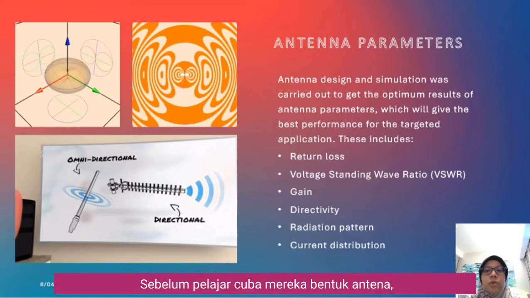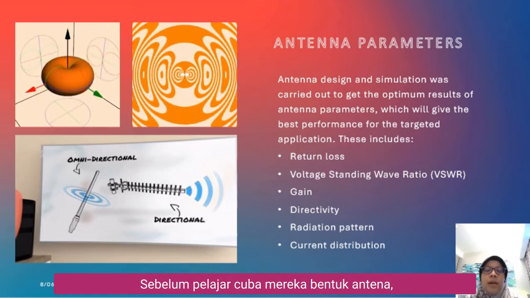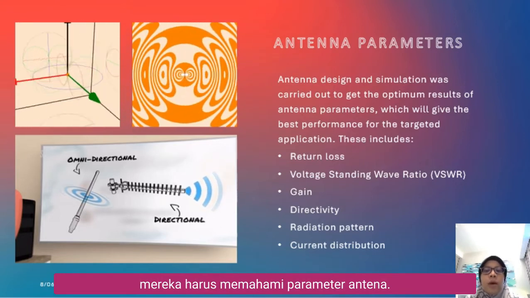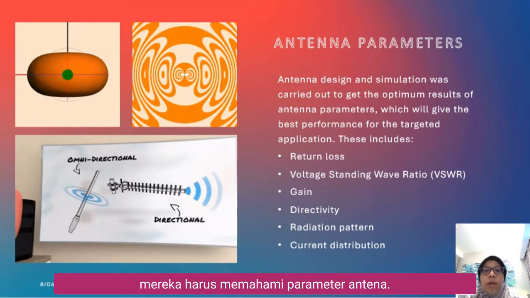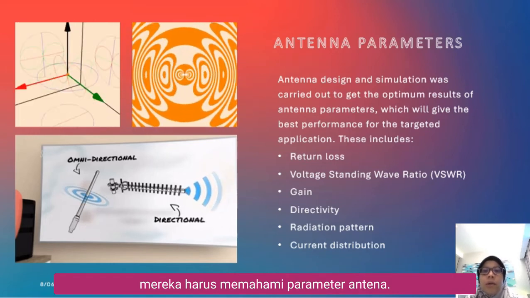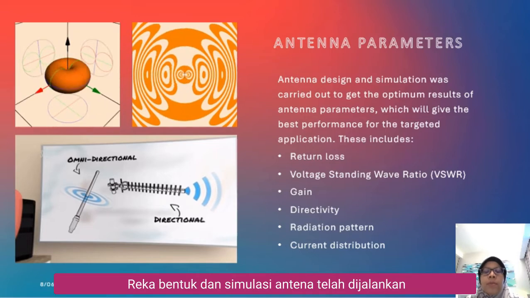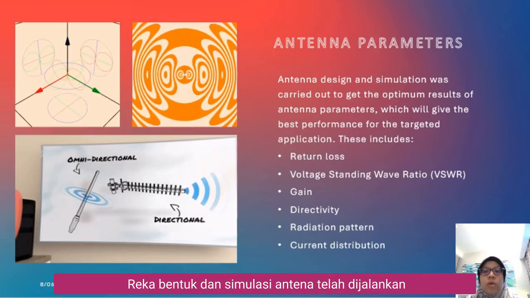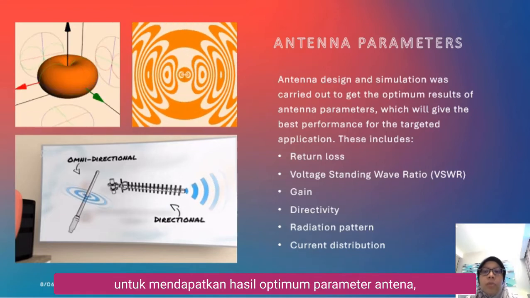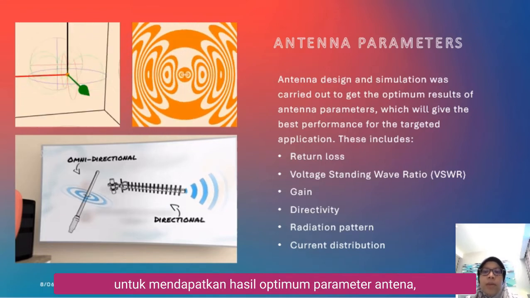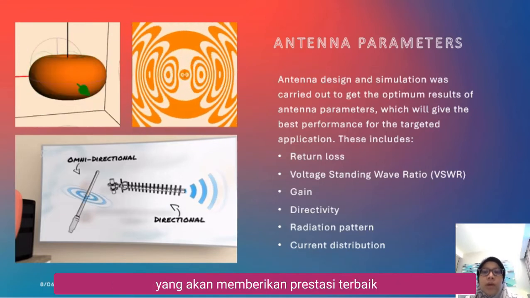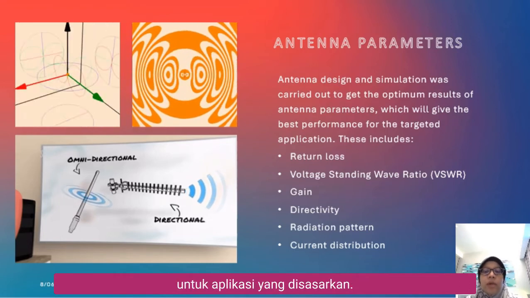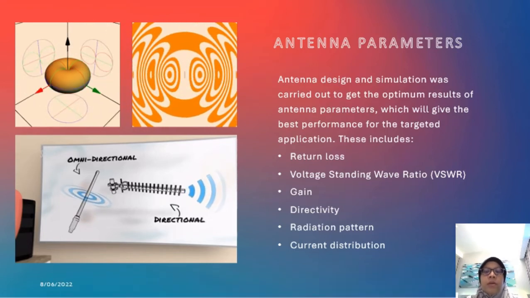Before students try to design an antenna, they need to understand what the antenna parameters are. So, antenna design and simulation is carried out to get the optimum results of antenna parameters, which will give the best performance for the targeted application.